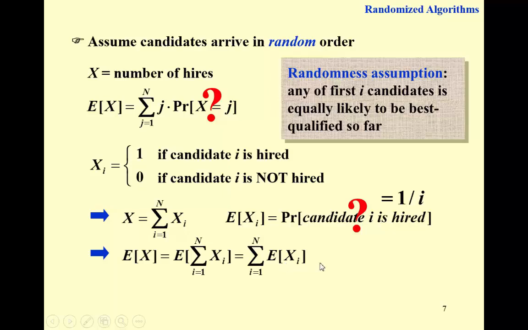So plug it in, we're going to have this sum. And that is log n plus some constant. So do you still remember the integral of 1 over x? That's the natural log of x, right? If we try to calculate the definite integral from 1 to n, what do we get? Natural log of n, right?